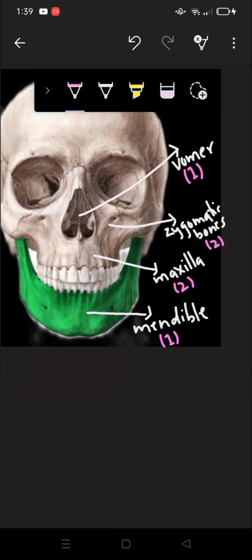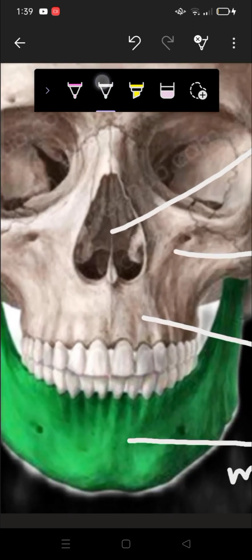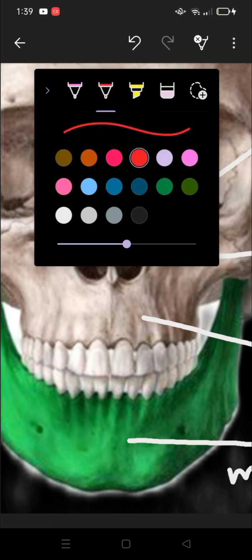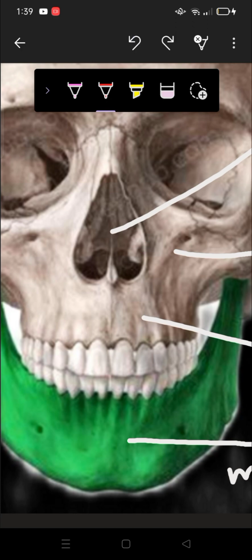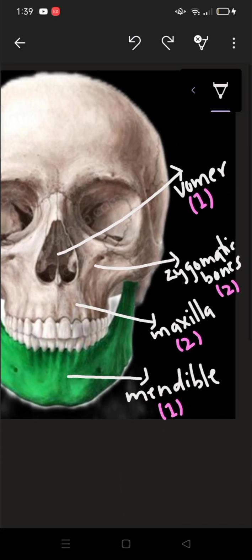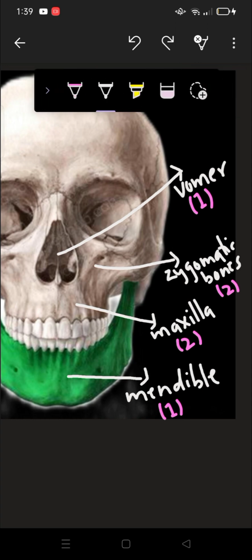Now let me count 2 more bones of the nose. As you can see, these are the nasal cavities. Here we have 2 bones which are known as nasal bones. Let me erase these 2 ticks first.